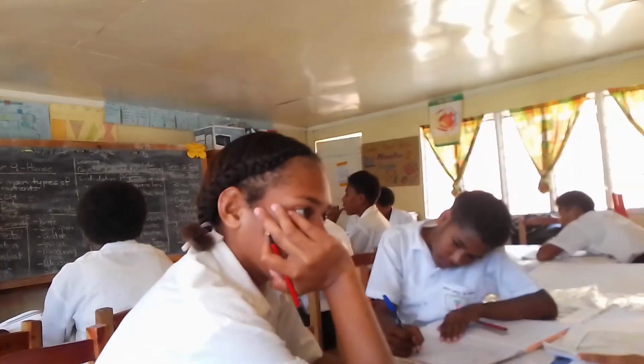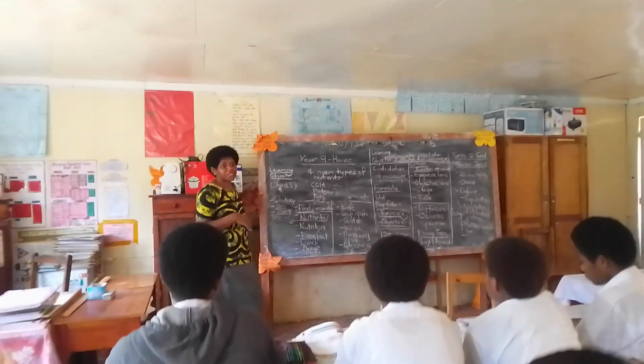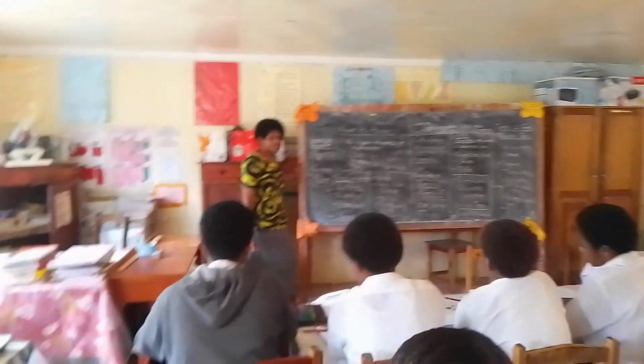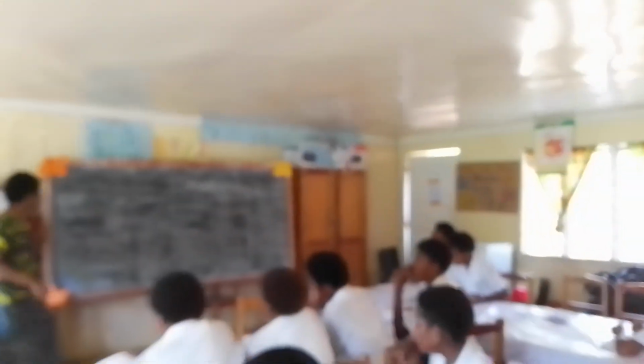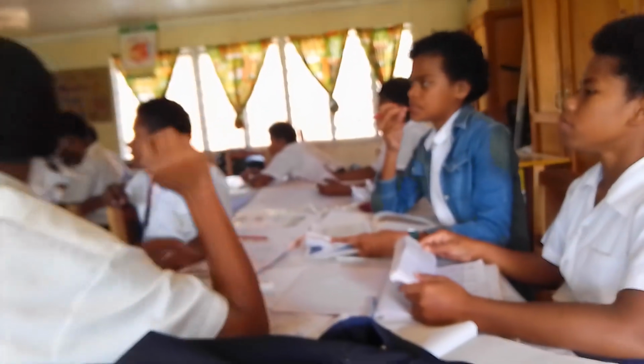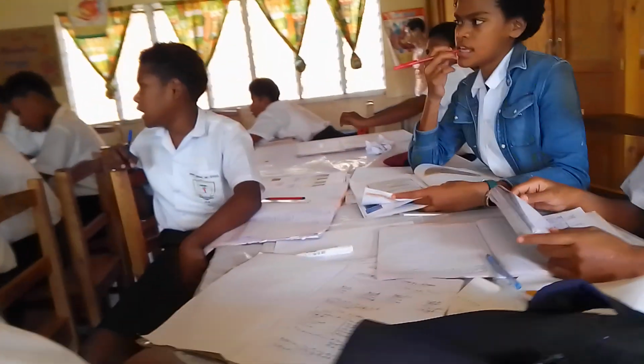Now, they separate vitamins from minerals, because for vitamins we have different types of vitamins. What are they? Vitamin A, vitamin B, vitamin C, vitamin D, vitamin E, and vitamin K.